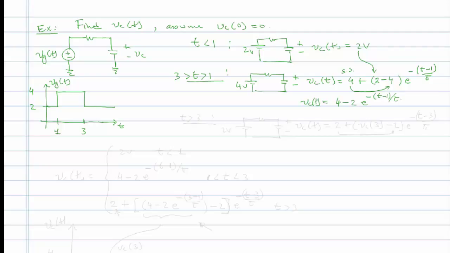Let me rewrite that. It'll be 4 minus 2 e to the minus (t minus 1) over tau. Okay, and then lastly, for t greater than 3 seconds, the circuit we have is back to 2 volts, same as before.